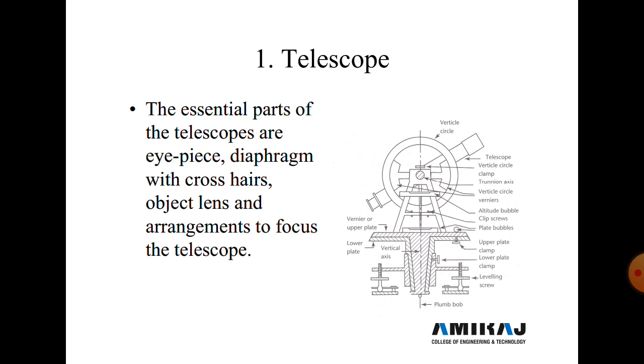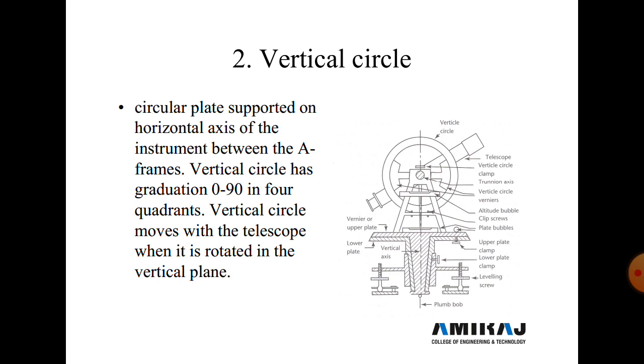In the telescope a lens is provided, and when we rotate the focusing screw we adjust the clarity. Also if the distance is large, we can get a clear picture of any object, and we fix the target of any point.